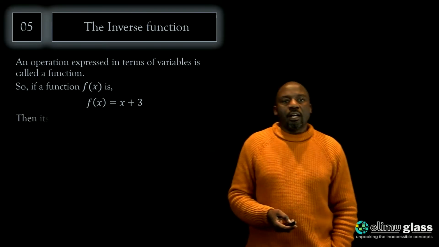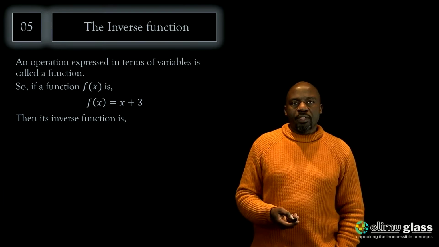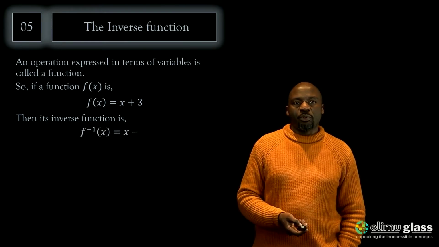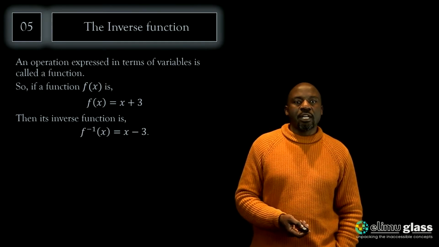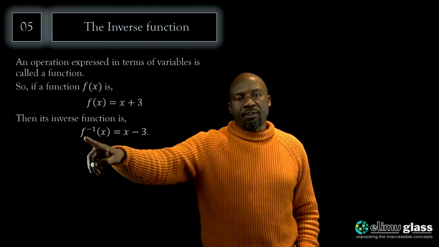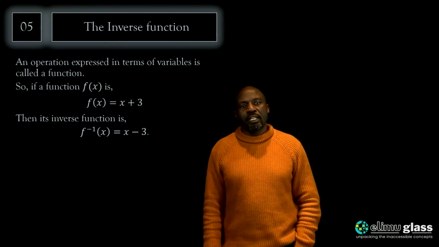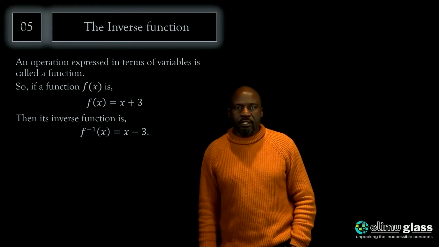Then the inverse function would be referred to with that same expression, f power negative 1 of x. So this refers to the inverse. It does not refer to 1 over f. Okay? So the inverse of x plus 3 is x minus 3.